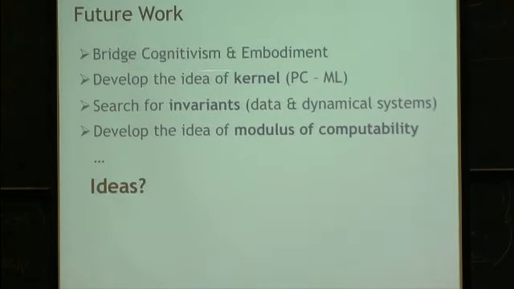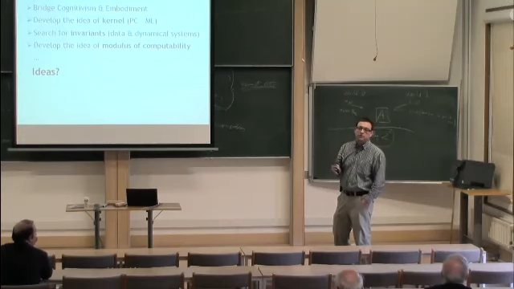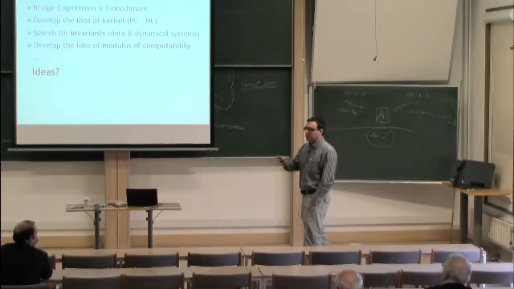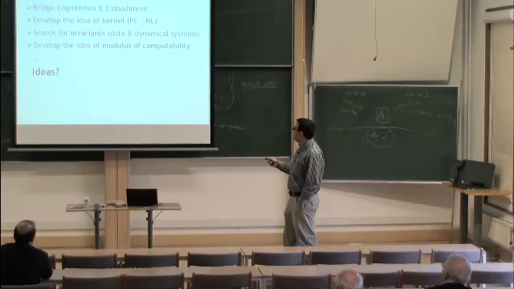Future work: bridge cognitivism and embodiment, as I told you, and develop some ideas about the kernel. The underlying idea is the search of invariants, not only in data, as is done in learning processes, but also in dynamical processes themselves. And also develop the idea of modulus of computability.